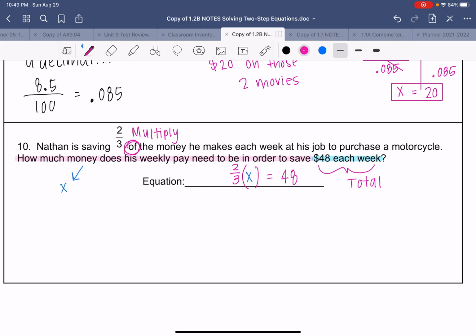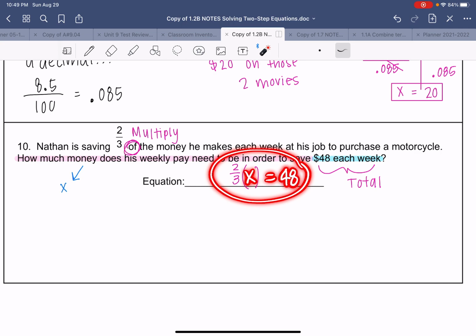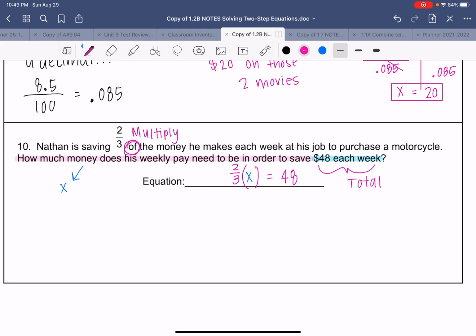So here is our equation. 2/3 of the money he's making should be $48. Now we just have to figure out how much money he has to make in order to save $48. So now we solve. Because that is multiplying, we need to divide by 2/3.